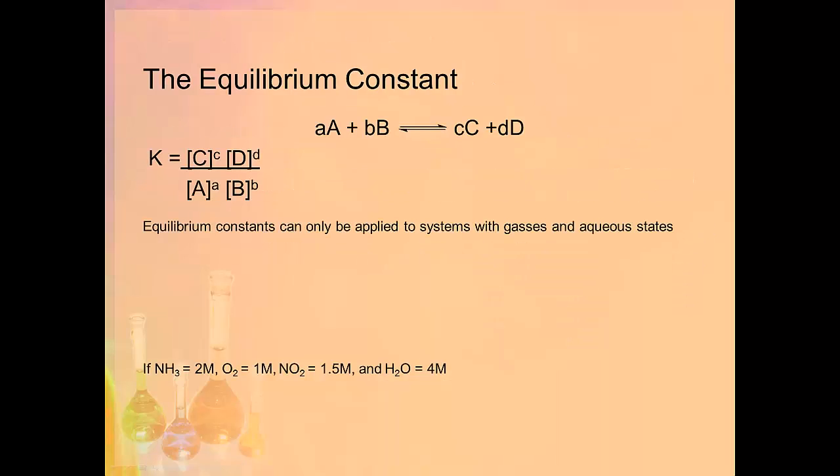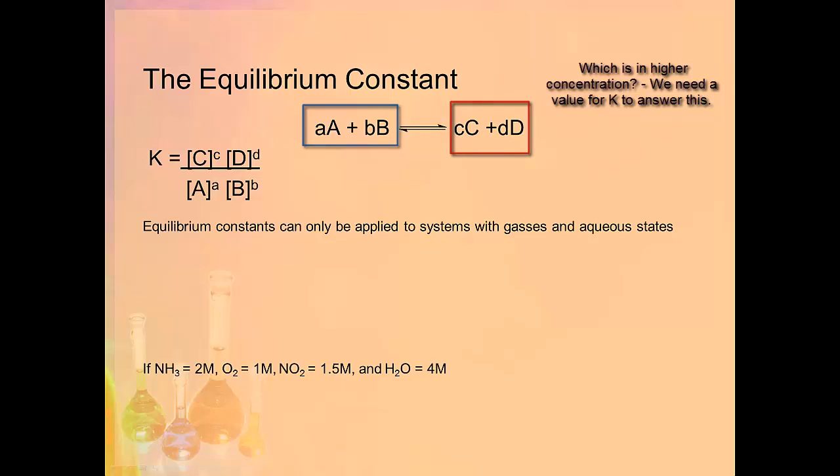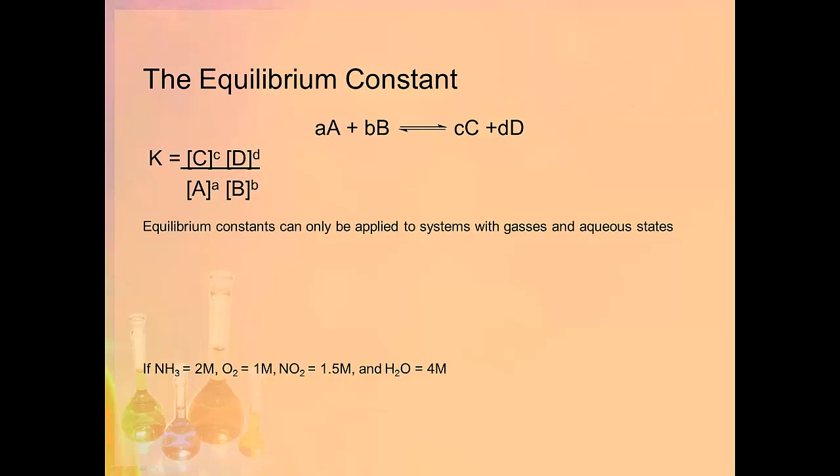So in order to describe whether the reaction lies to the left-hand side or the right-hand side of the arrows, we use a constant value called K, the equilibrium constant, and based on the value of K, we can determine whether there's more of A and B in the reaction vessel at any given time, or there's more of C and D. Because we usually read from left to right, you'll notice that I have a tendency to call the left-hand side the reactants, and the right-hand side the products, because that's the way it normally is.